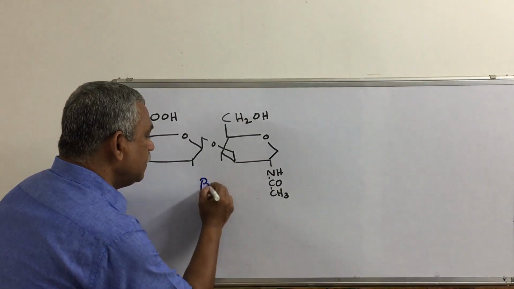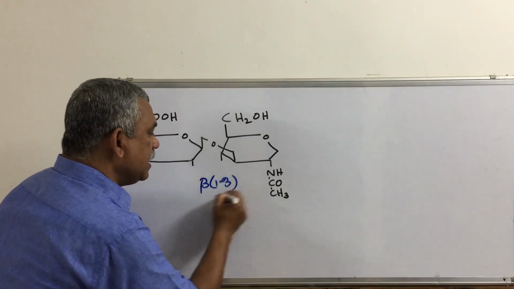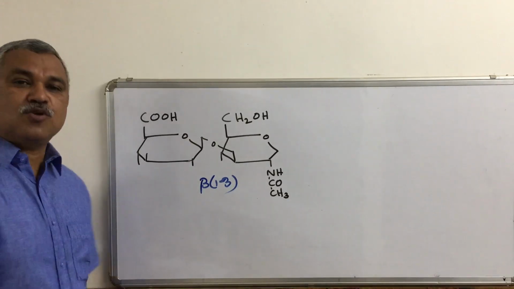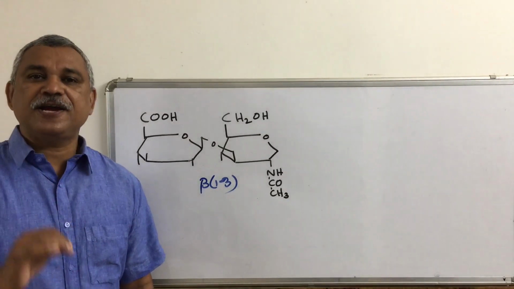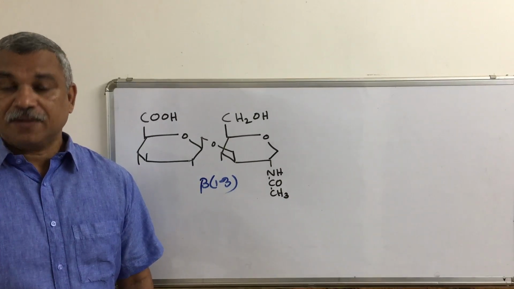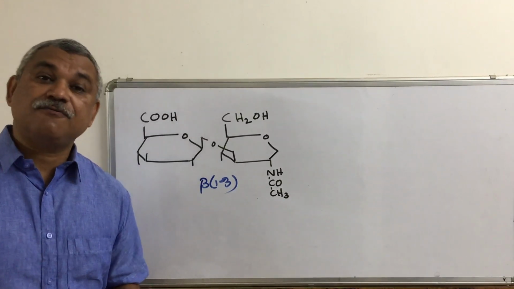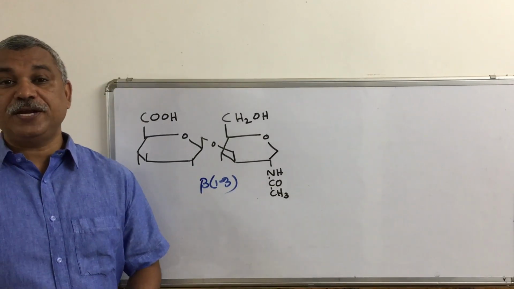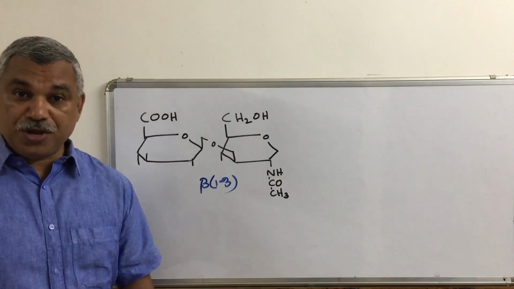So this is a beta-1,3 linkage. Hyaluronic acid is the only glycosaminoglycan identified so far which is not connected to a protein. These are free. They are found in the vitreous humor, in the synovial fluid, and in the joints.